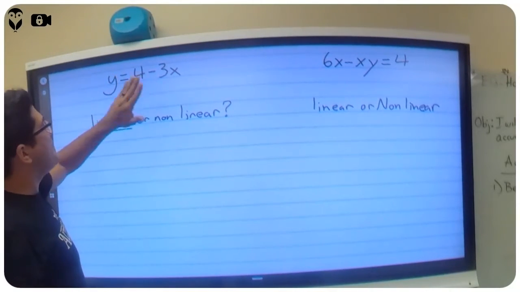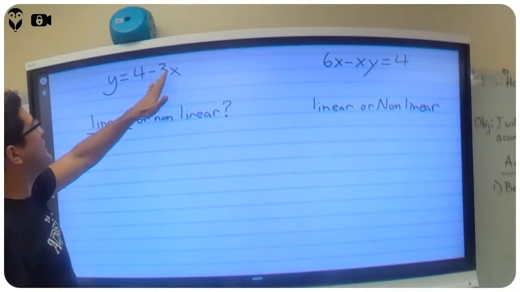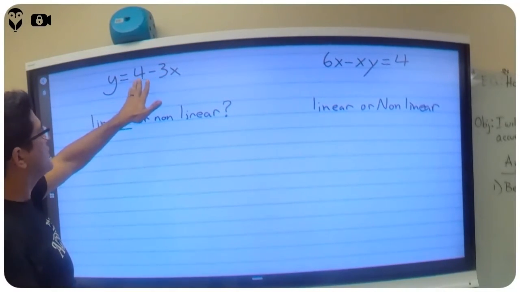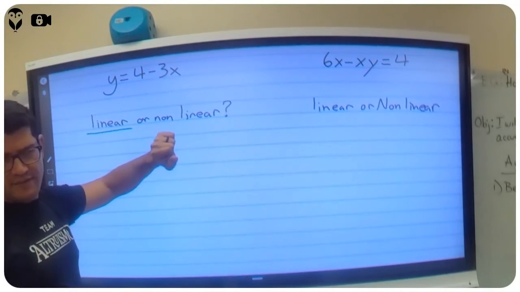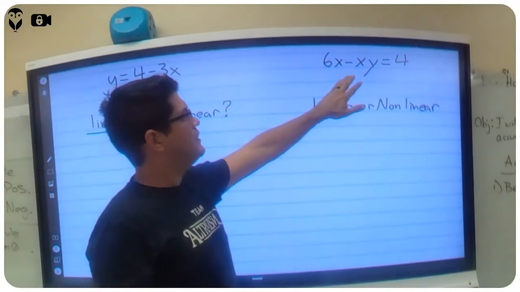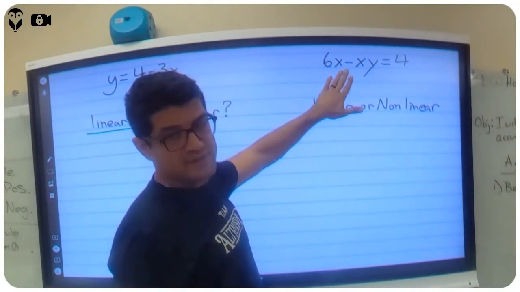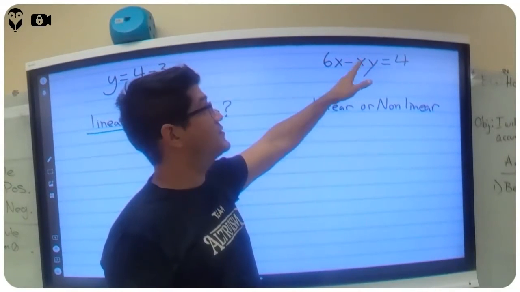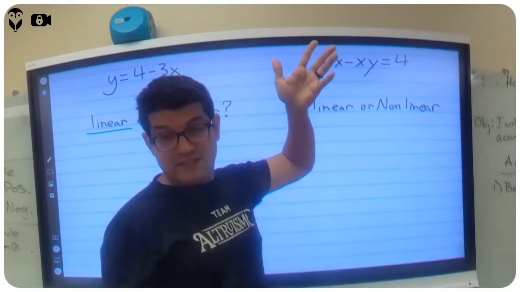Is the same thing happening to x every single time? Well, here we're multiplying by -3, and then we're going to combine the 4. That's going to happen no matter what when I put the x here. Now here, if x is 1, x is subtracting with 6, right? So 6 minus x, or 6 minus 1. And the y is there too, which makes it weird, right?